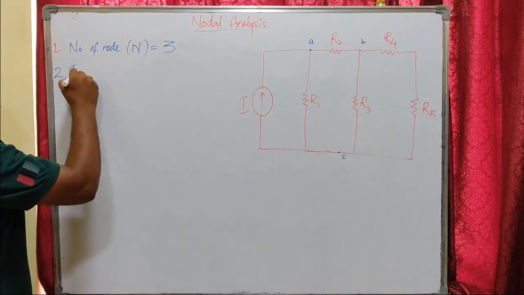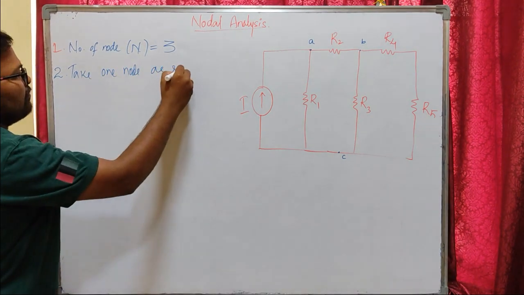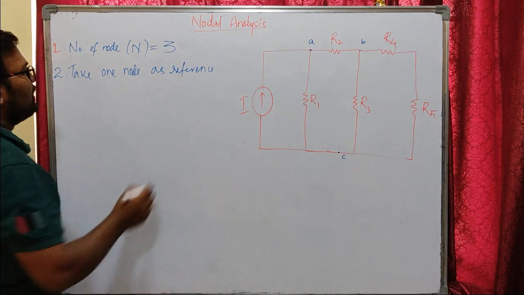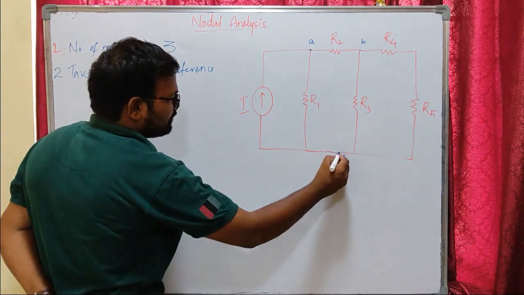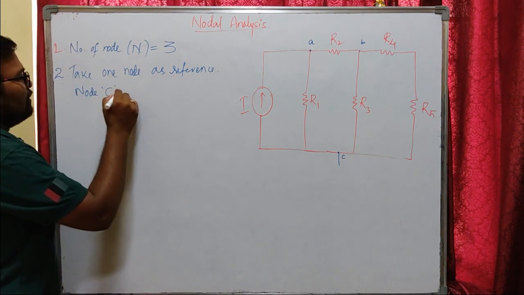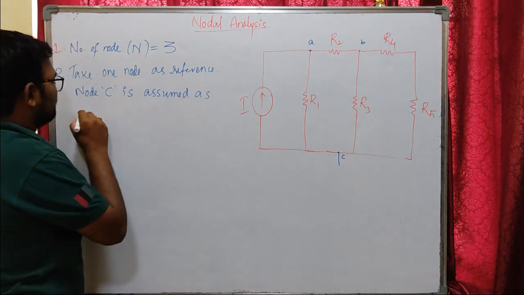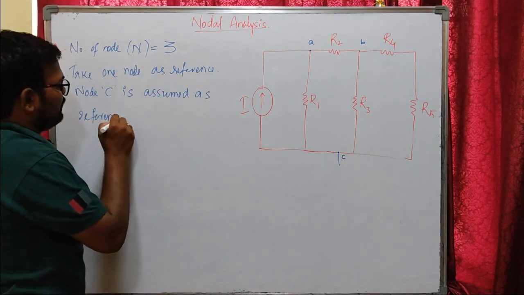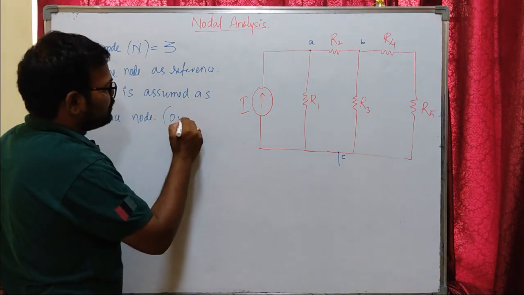The second step is to take one node as the reference node. So what could be that reference node? Here the ground potential is assumed as the reference node, that is, node C. I am going to assume node C as the reference node, which has 0 volts potential.